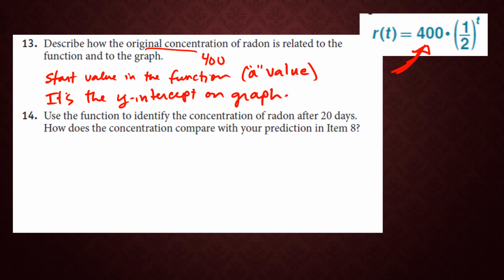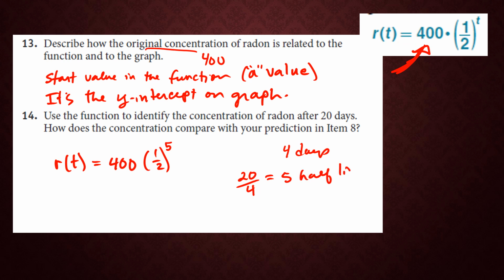All right, so to use the function to identify the concentration of radon after 20 days, we're going to say the radon based on time would be 400 times 1/2 to the power of the number of half-lives in 20 days, which is going to be 5 because our half-life period is 4 days. So 20 days divided by 4 equals 5 half-lives.